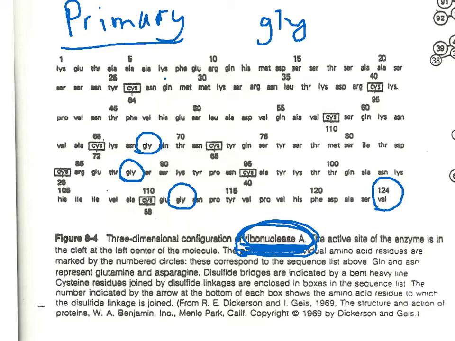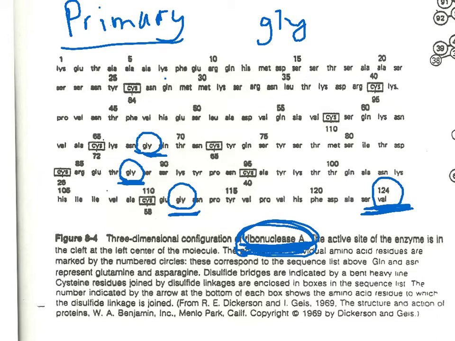Where's the next one? That's it. And so out of the 124 amino acids that are joined together to form one molecule of ribonuclease A, 3 of those amino acids are glycine, and they are exactly in position 68, 88, and 112, and the rest of the amino acids are in their exact places.